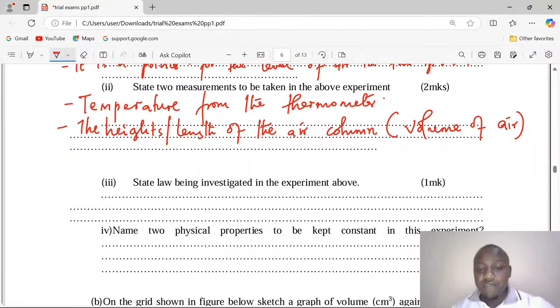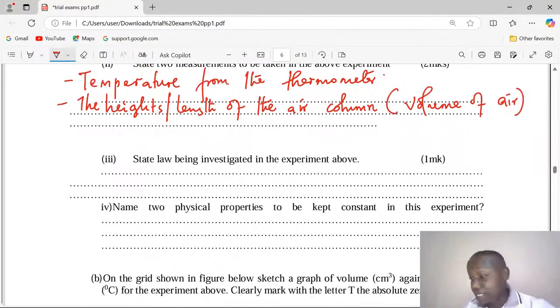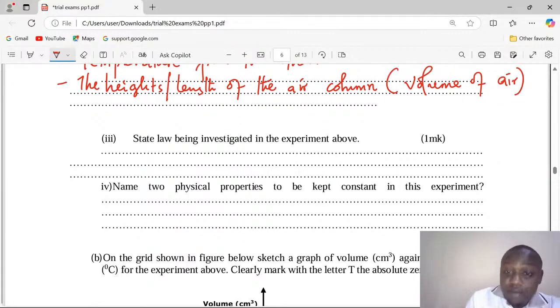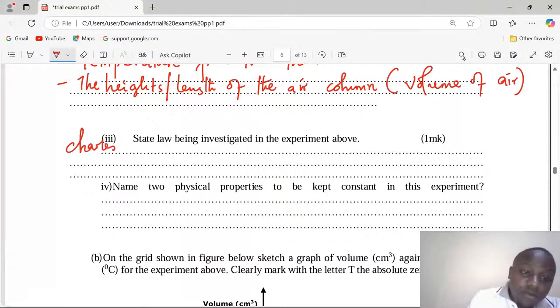State the law being investigated in the experiment above. So the law itself is Charles' law. We have already mentioned it is Charles' law, but this is not a statement of the law.